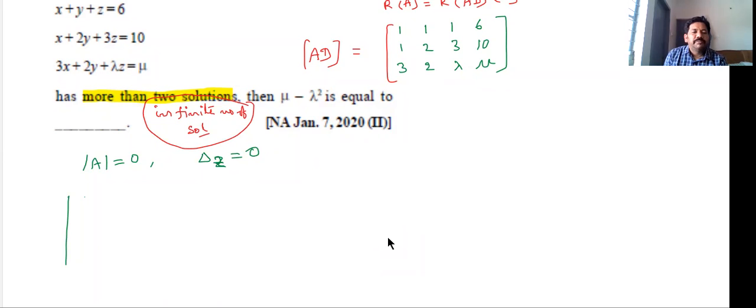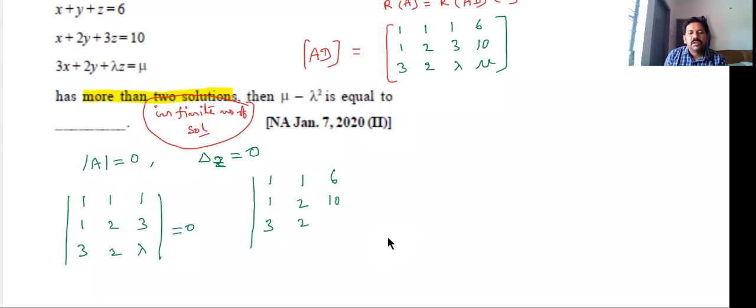Now the coefficient matrix 1, 1, 1; 1, 2, 3; 3, 2, lambda is equal to 0. Now delta Z means replacing the third column with the constant matrix: 1, 1, 3; 1, 2, 2; 6, 10, mu is equal to 0.